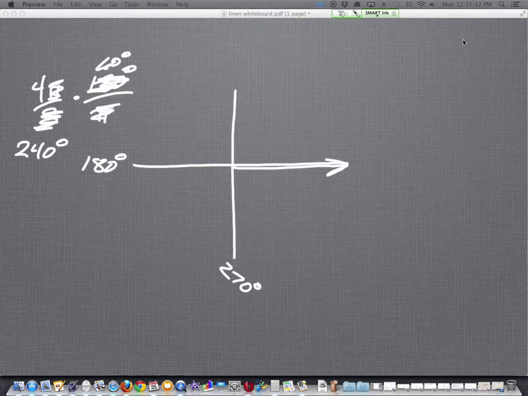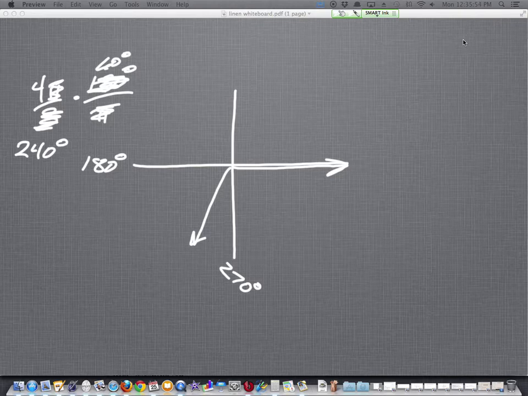Is 240 closer to 180 or 270? 270. Gotta keep your head up.